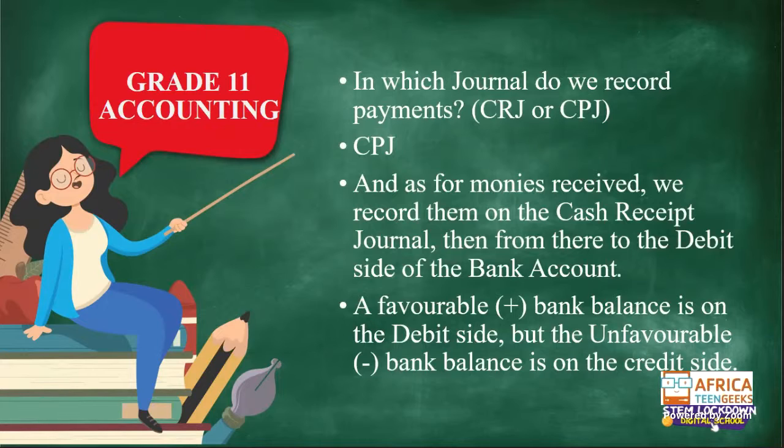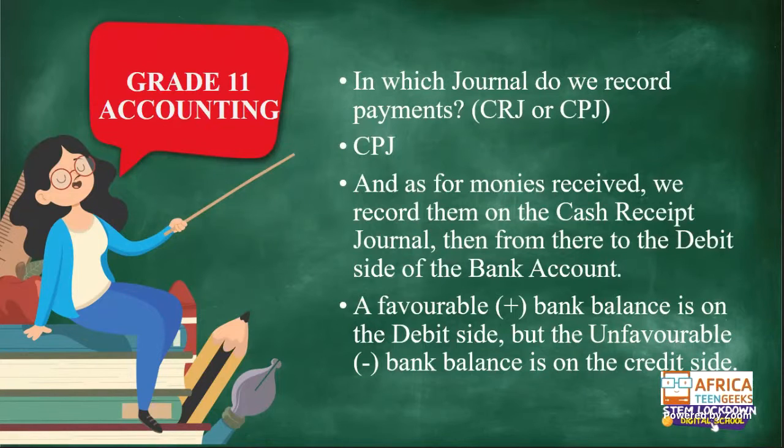The negative sign, which is unfavorable, is on the credit side, where the bank is decreasing. Therefore, if they say the balance is favorable, meaning it is positive, it will be reflected on the debit side. But if it is unfavorable, then it is negative, and it will be reflected on the decreasing side of the bank account, which is, of course, the credit side.